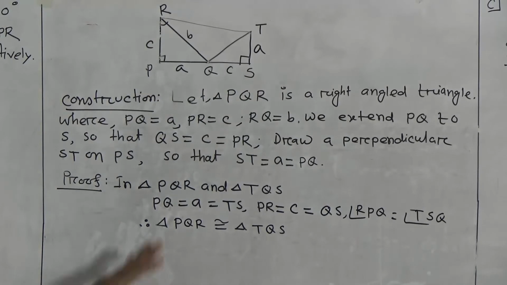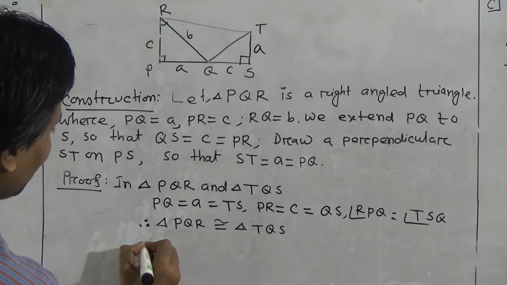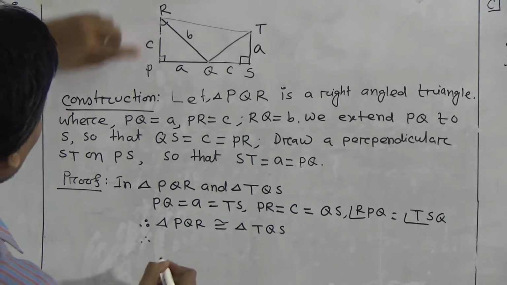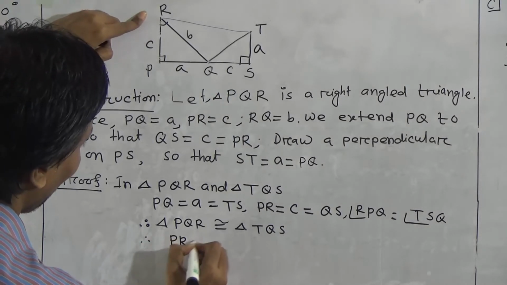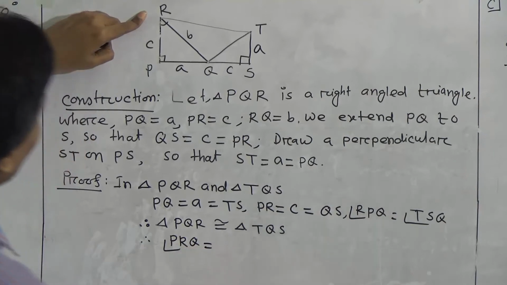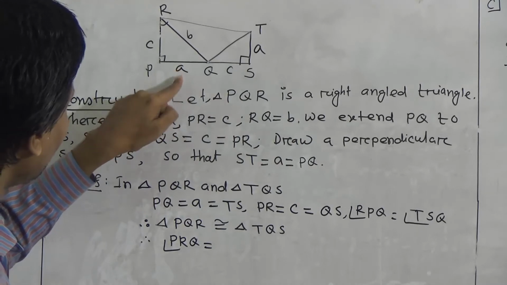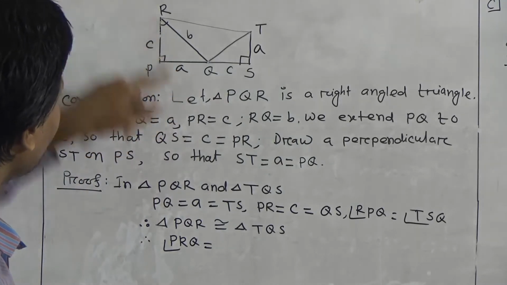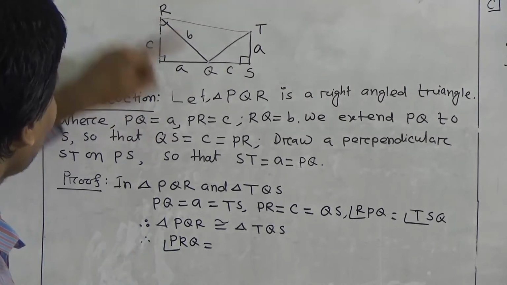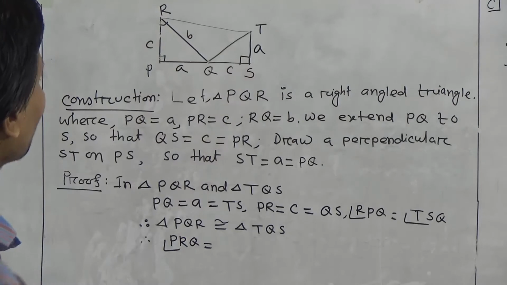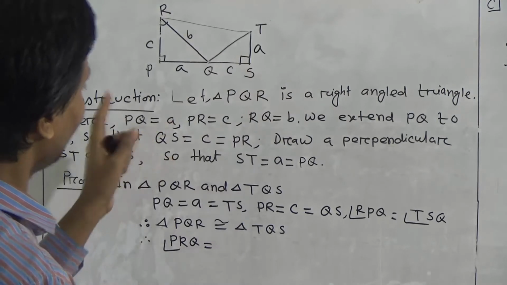Now you see, as PQR congruent TQS, therefore we can say, PRQ equal to what? Look, this is the A side and its opposite angle. That means this is the base and base opposite angle. That means PRQ, here you see, this is the base, so its opposite angle is this. That means TQS, right?